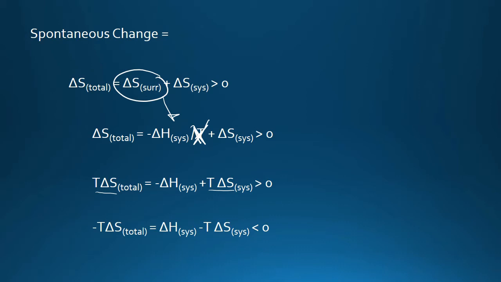Numerically, this helps us understand free energy and spontaneity and make sense of it with the values of delta H and delta S, whereas if we kept it in the previous calculation, conceptually it would be a little more difficult.